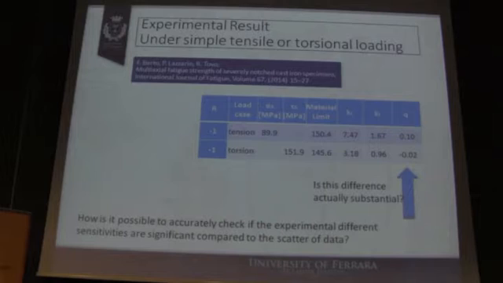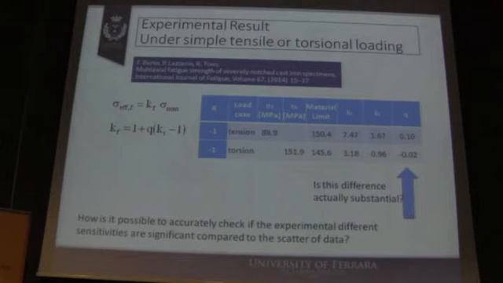And for instance, if we simply look at the strength under simple loading, let us say tension and torsion, according to the usual equation, there is a difference in the sensitivity.